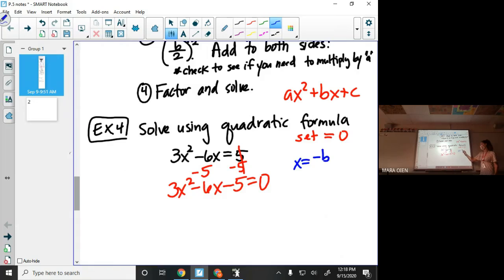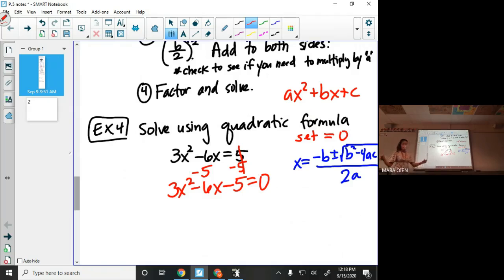Quadratic formula is this right here. Oops, I need to write it correctly. Let me fix that. b squared minus 4ac. Okay, so depending on who your most recent teacher was, I believe Mrs. Anderson, if you had Mrs. Anderson, she separates it out and says x equals negative b over 2a, and then plus or minus the square root of b squared minus 4ac all over 2a, so there are two separate fractions.